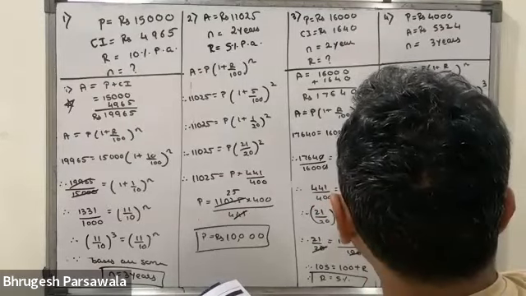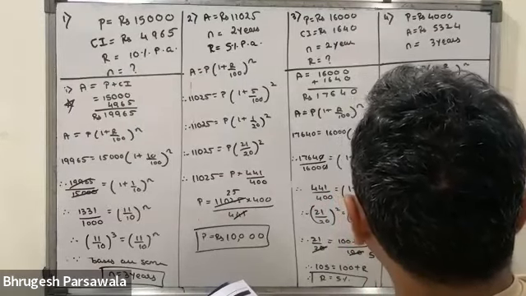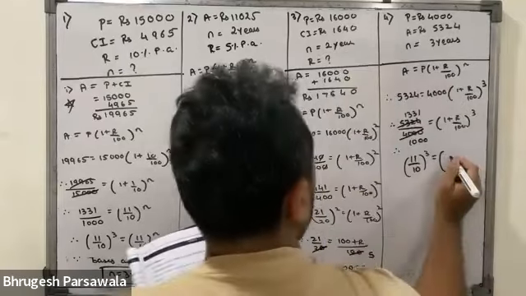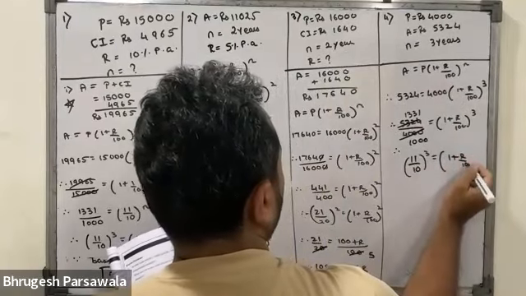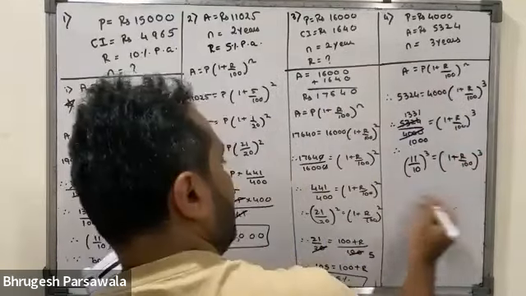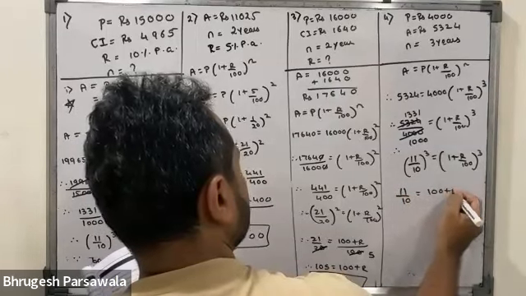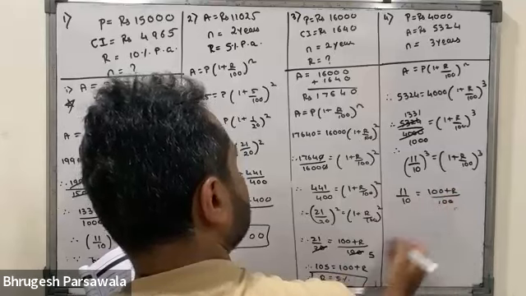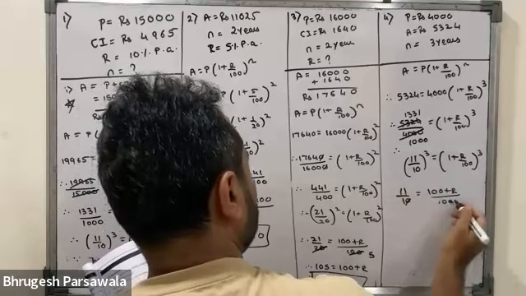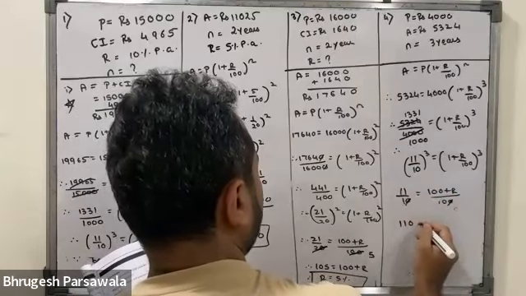So that makes (11 by 10) the whole cube equals (1 plus R upon 100) raised to 3. Taking cube root on both the sides, I took LCM. 10 10 cut, cross multiply.